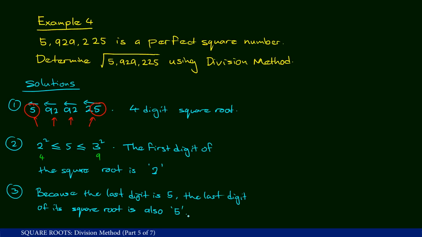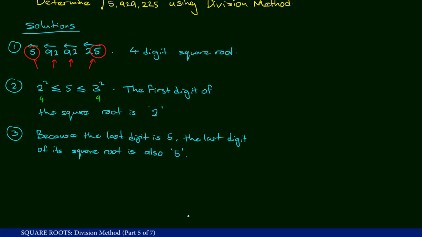Okay. That means the square root of this number is going to be a 4-digit number that starts with 2, and then a 2-digit number, and then ends with 5.